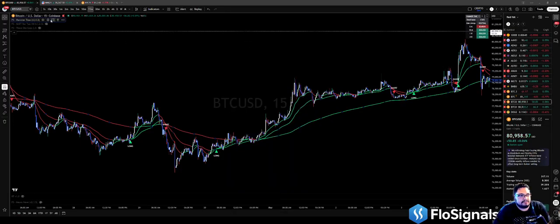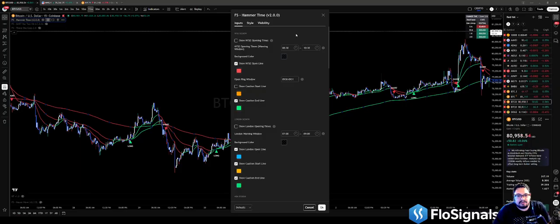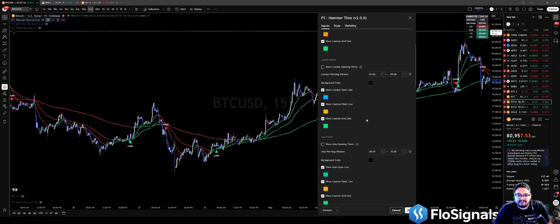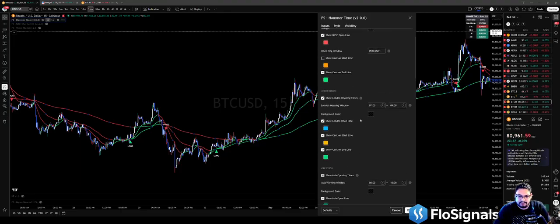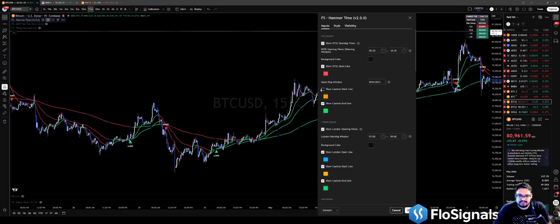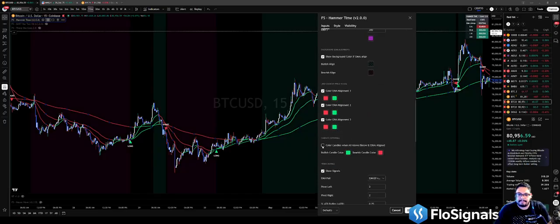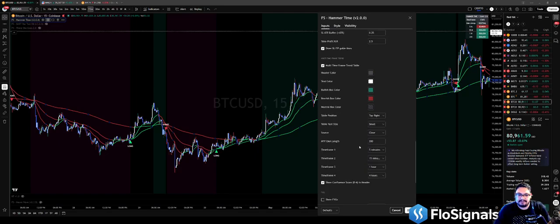You can also have the trading times. You can show them, and there should be a shadow that shows up. Let's see. All right, so those are going to be the EMAs when they line up. It's going to show you if it's bullish or bearish.